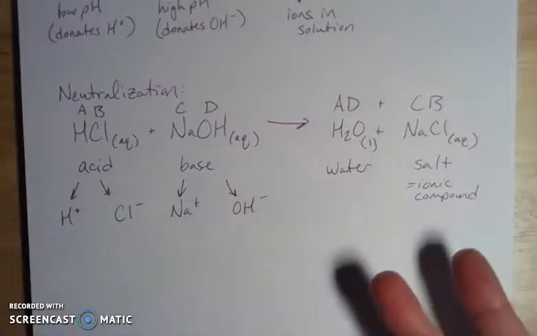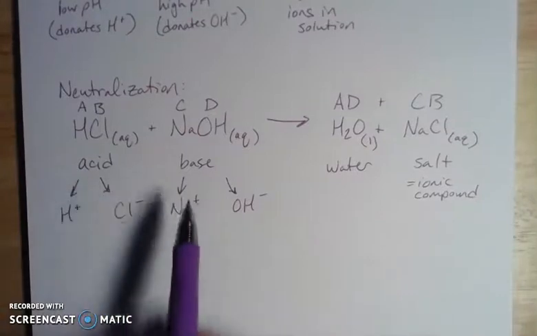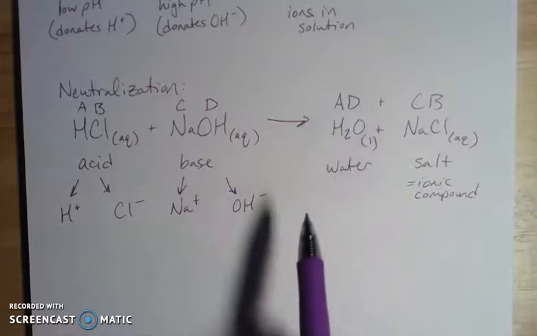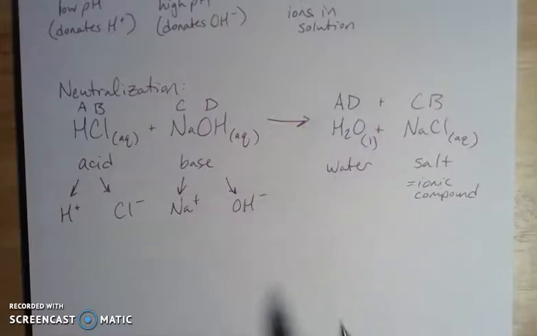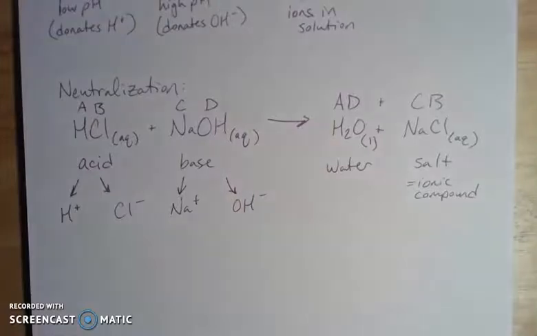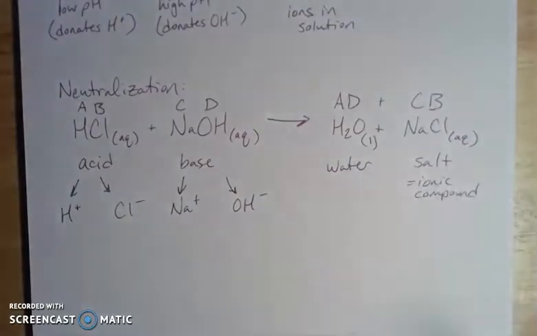We flipped partners, we end up with water and a salt. We started off with something low pH, reacted it with something with higher pH, and ended up with water, which is right in the middle. Hence neutralization reaction, because we're at more of a central pH because of the water. And then the salt in there is also dissolved, so it just has sodium and chlorine ions hanging out.